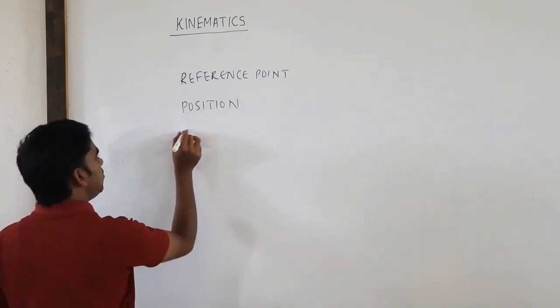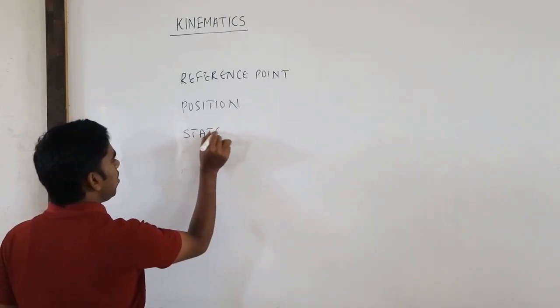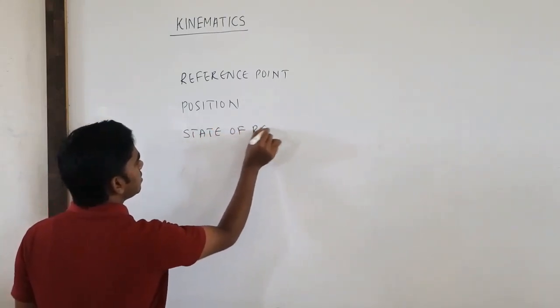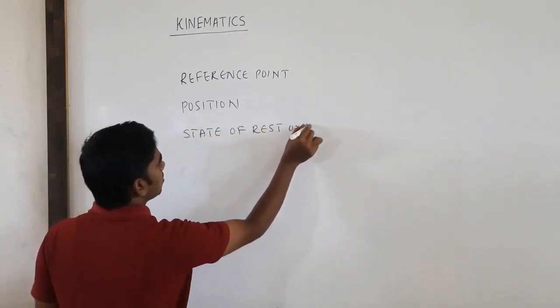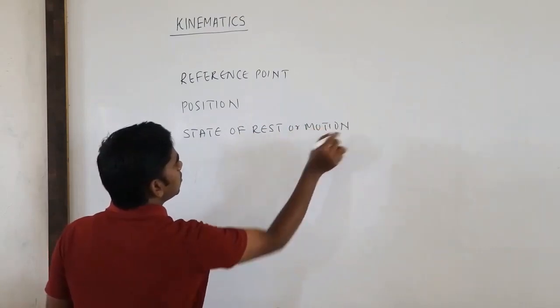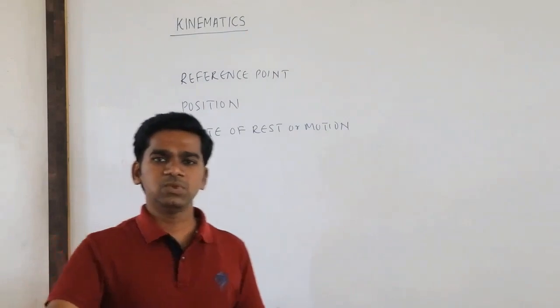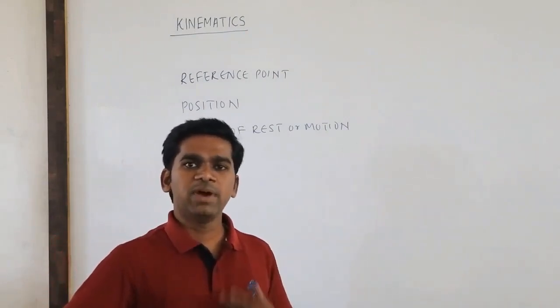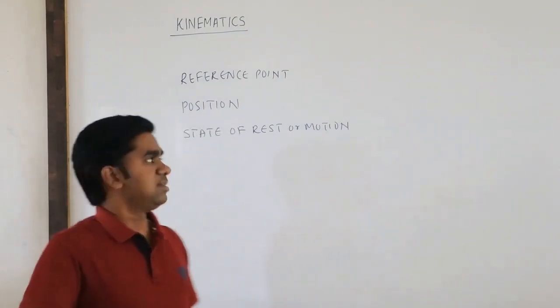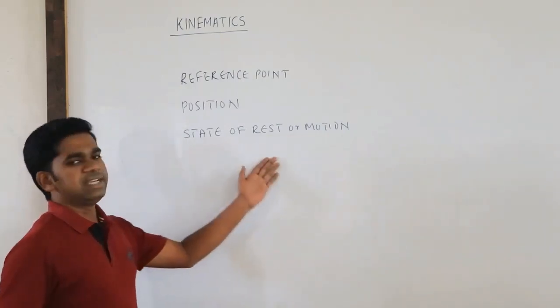After that we discussed the state of rest or motion. So these things we have cleared in kinematics: what exactly position is, what exactly a reference point is, why a reference point is required, and what the state of rest or motion is.